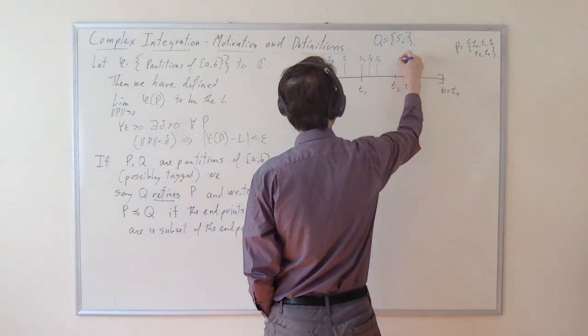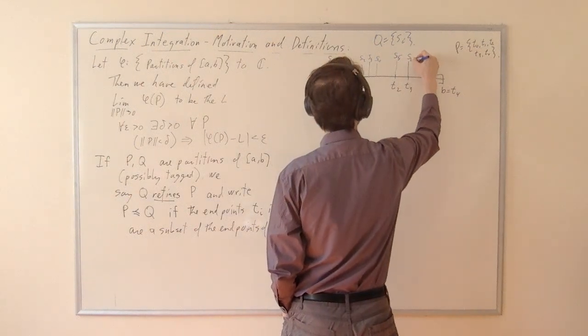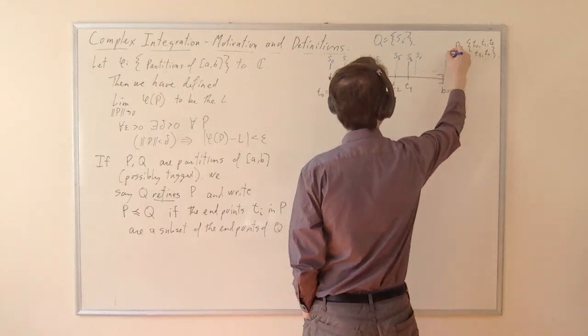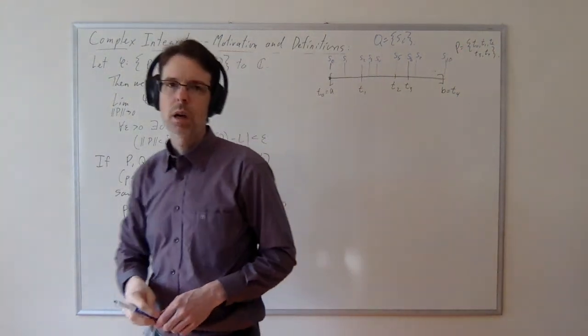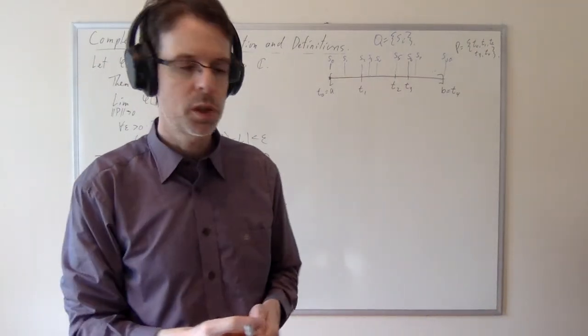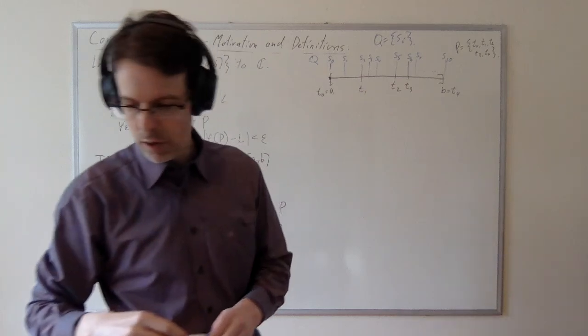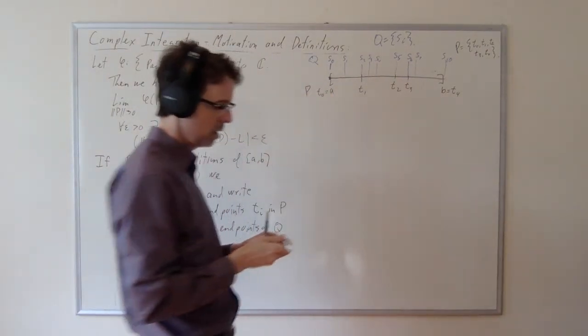S4 could be there, and maybe S5 is here, and S6 is there, but S7 is here, and then finally maybe this is S10. So this would be a situation in which the partition Q is finer than, refines, the partition P.